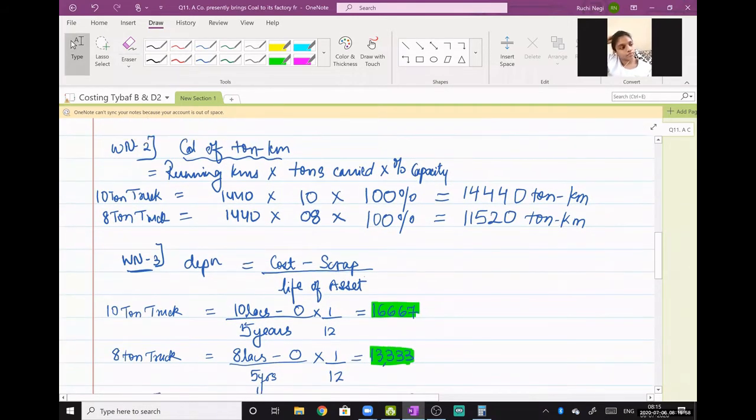This is the formula. When do we use this formula? Anyone? When do we use this depreciation formula, which is there on screen? Cost minus scrap upon life of the asset.